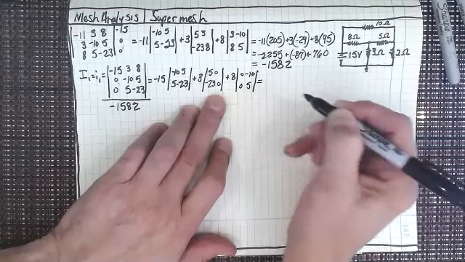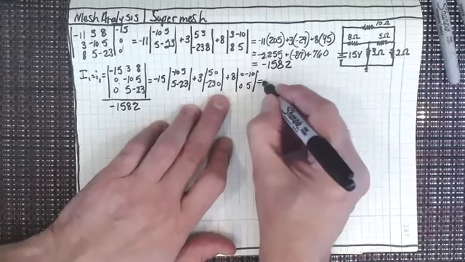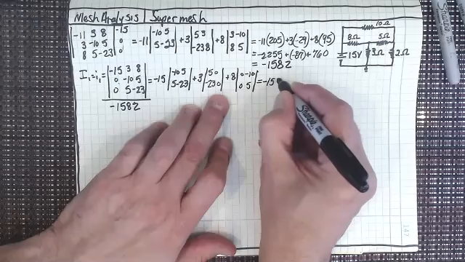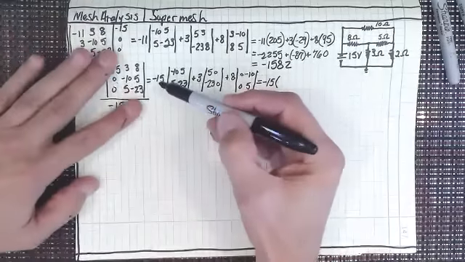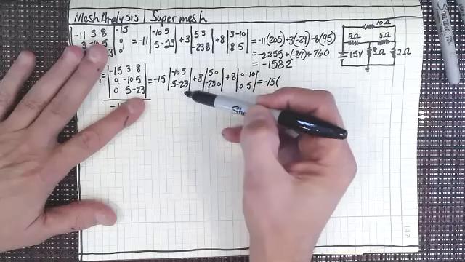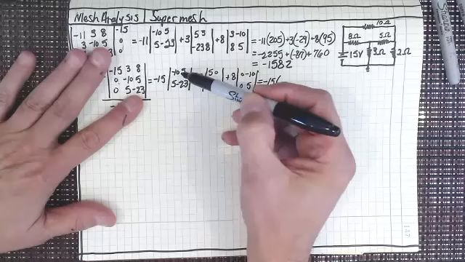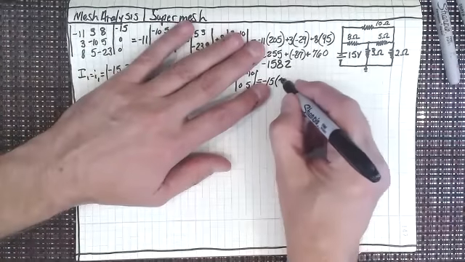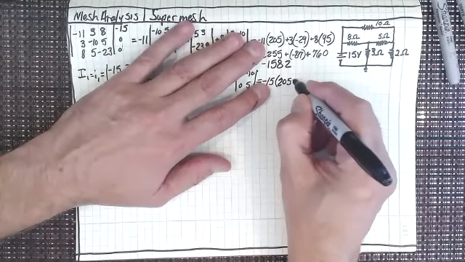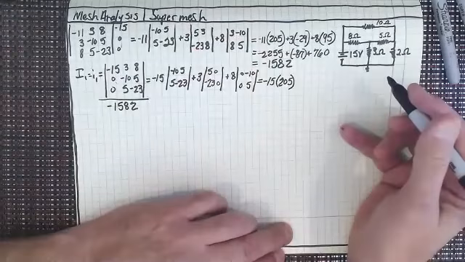Well, let's solve that then. The first one is the interesting one, though, isn't it? Minus 15, and I got minus 10 times minus 23. That's 230 minus 25, so that's 205, right?